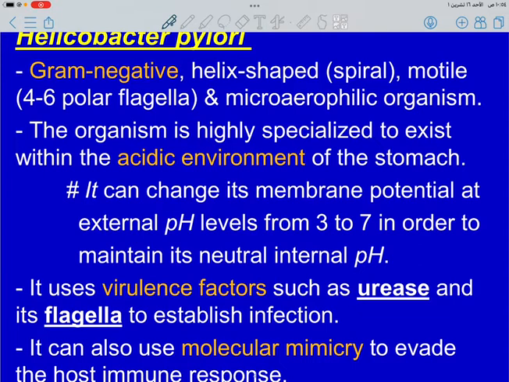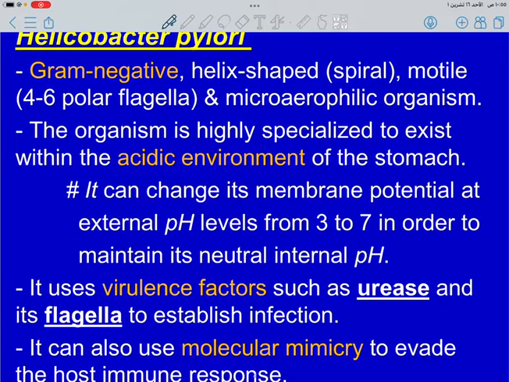How is it going to tolerate such acidic pH? The other thing, it can change its membrane potential, the pH, from 3 to 7, and adapt itself to the environment that it exists in. So it can tolerate pH down to 3, but can change its potential up to 7. So very exciting characteristic.